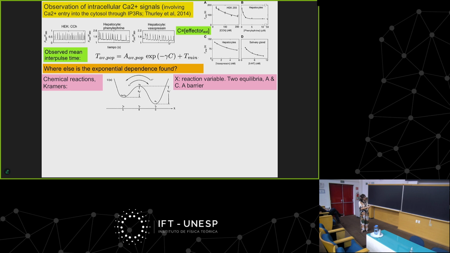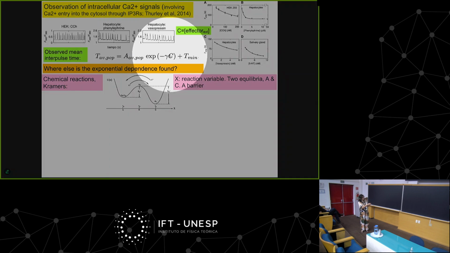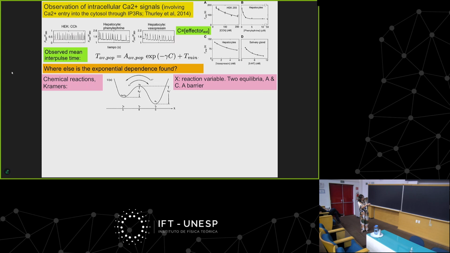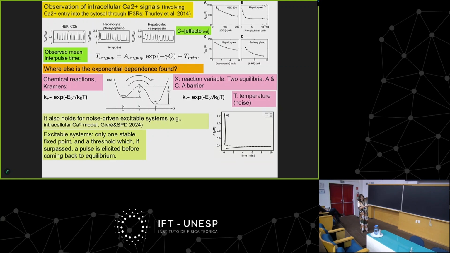And the same thing happens not only when you have a bistable system like here, that you have two minima, and the system can go from one minimum to another, but it also happens in excitable systems. And excitable systems are systems in which you have a stable fixed point, you produce a perturbation. If the perturbation exceeds a threshold, then you have a pulse.